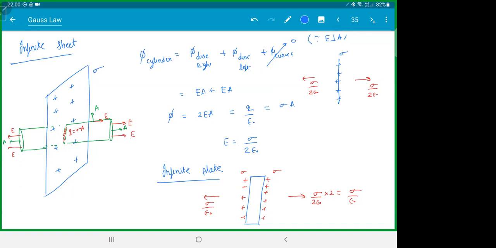Clear? So the field will be away from the sheet and perpendicular to it. It is constant no matter how far you go. The field is always constant for an infinite sheet. Clear this? Arushi, got this?